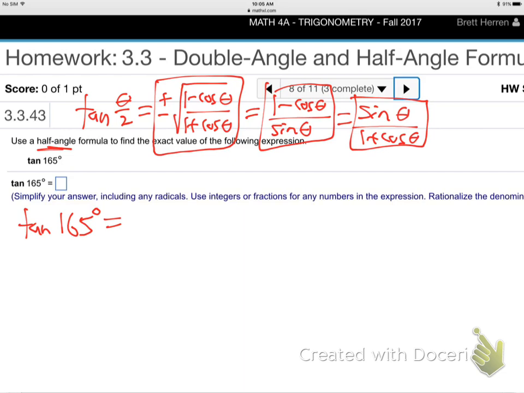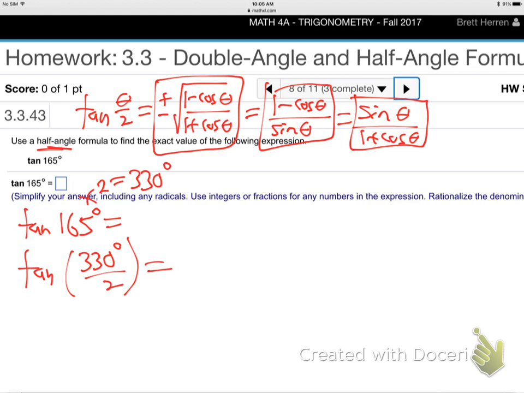It's half of what? Whatever times 2. Times 2 is 330. So basically this is tangent of 330 over 2, which is 165. It's half of 330. Whenever they tell you to use the half angle formula, you have to use half of the angle twice as big.